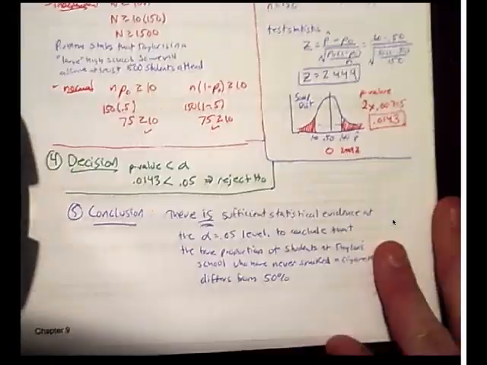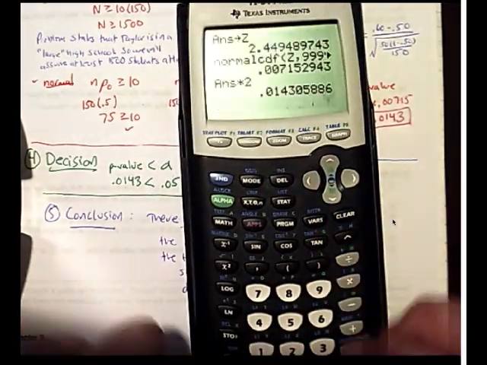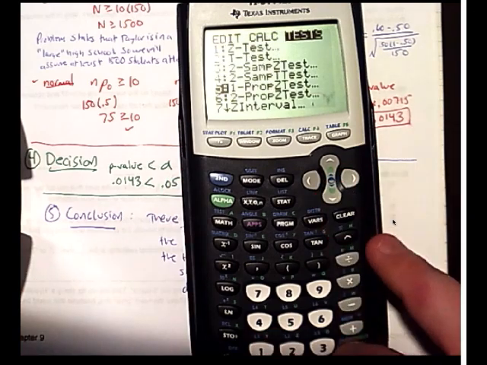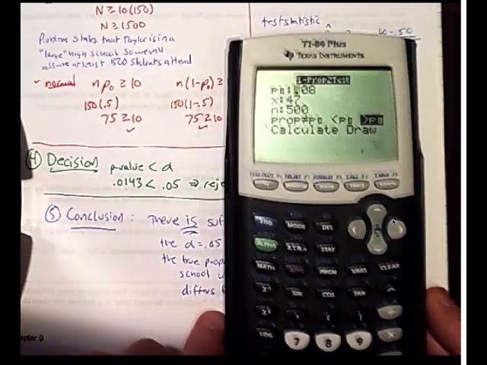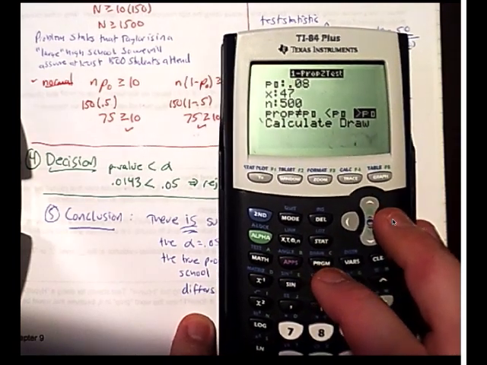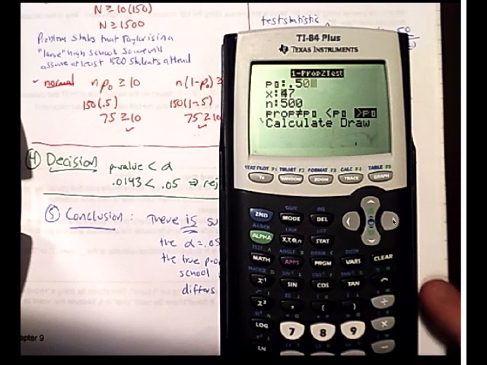Let's make sure we got the right answers. So again, STAT, TESTS, 1-PropZTest, number 5. It's asking me for what my assumed p-naught was. It was 0.50. 90 students at the school never smoked out of the 150.